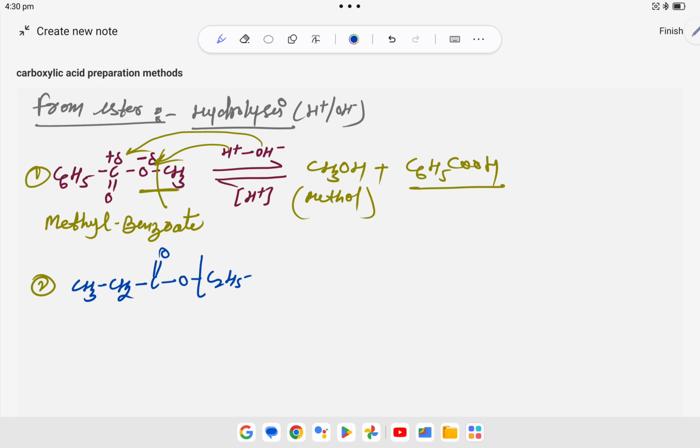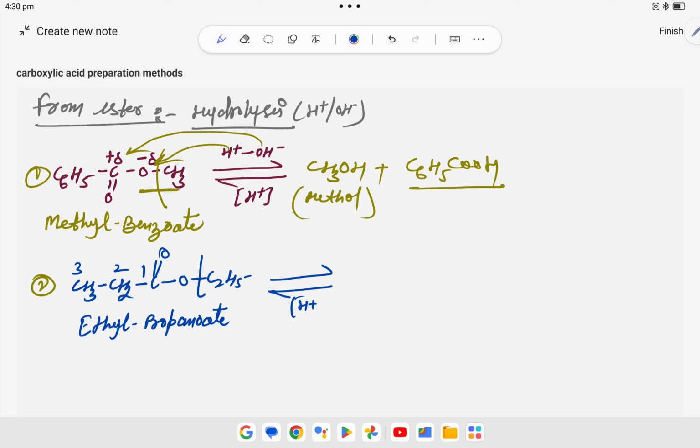So from here substitute and write the name: ethyl, and carbon 1 2 3, so then propane, propanoate.